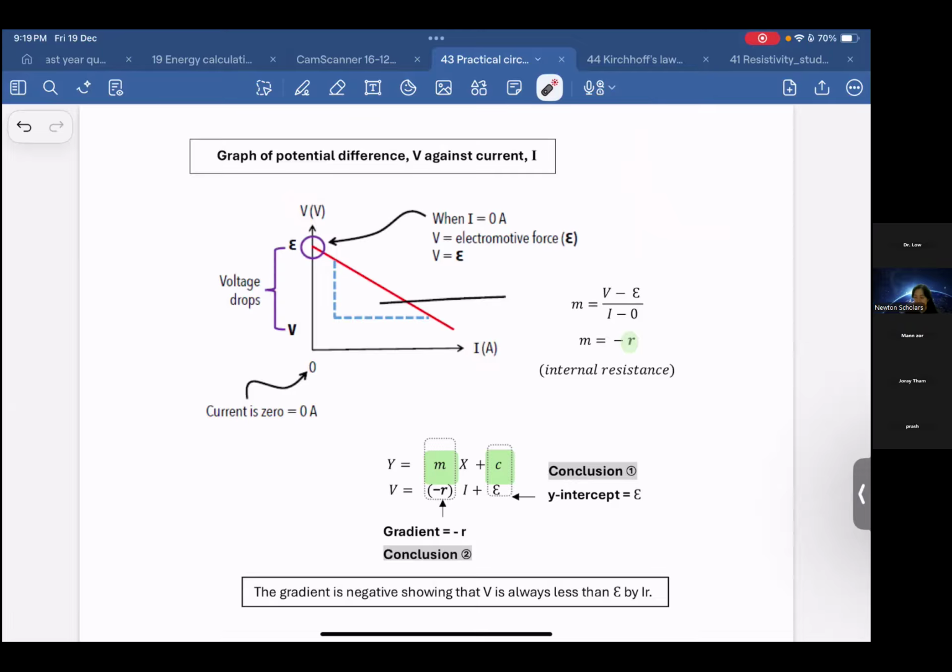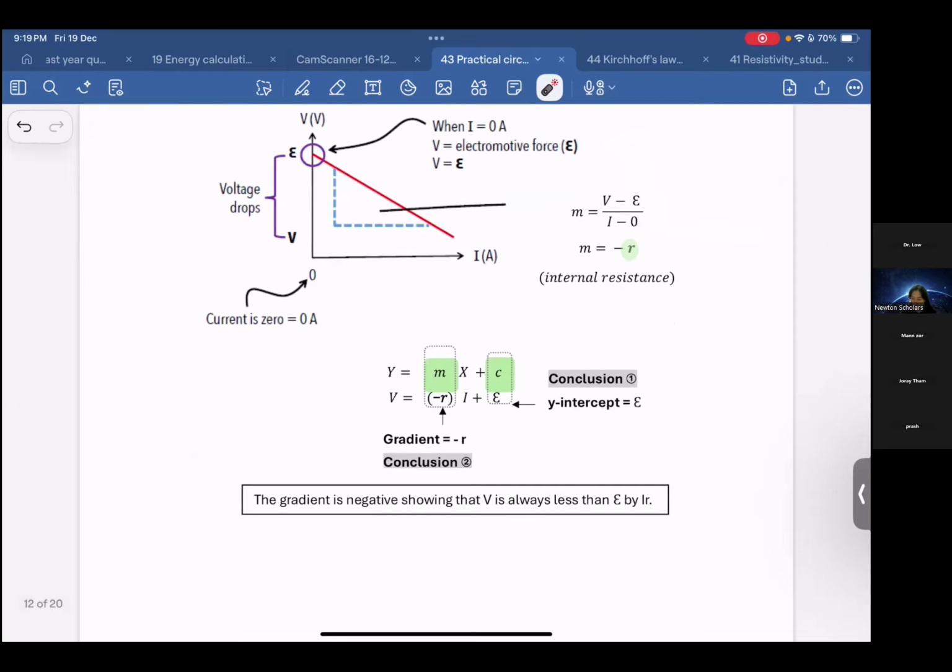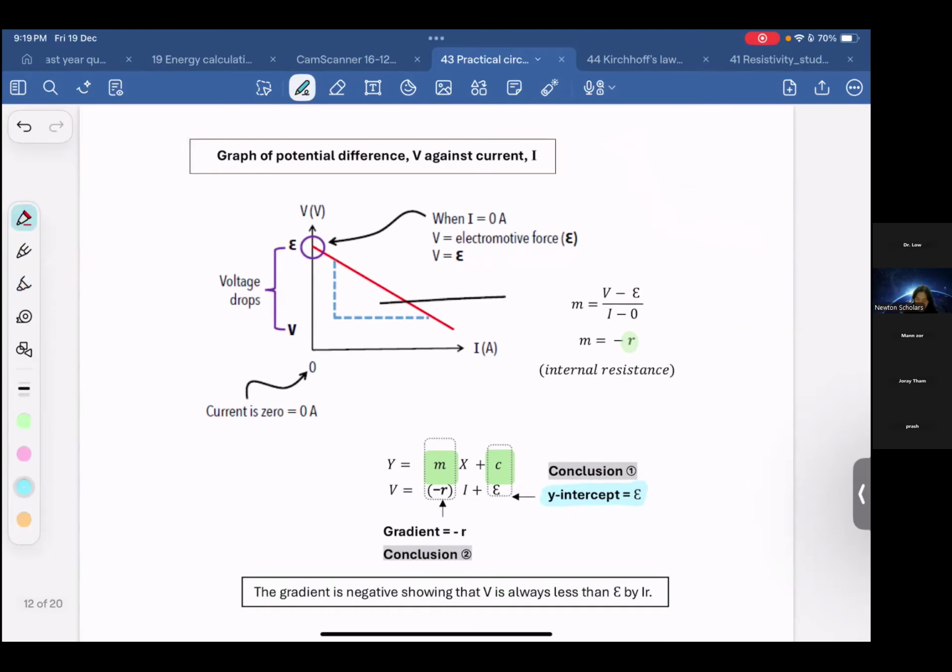So from this graph, actually there are 2 pieces of information that are very important. Which 2 here? Number 1, your y-intercept can tell us the value of EMF. This is a very important information. Y-intercept is EMF. Why?